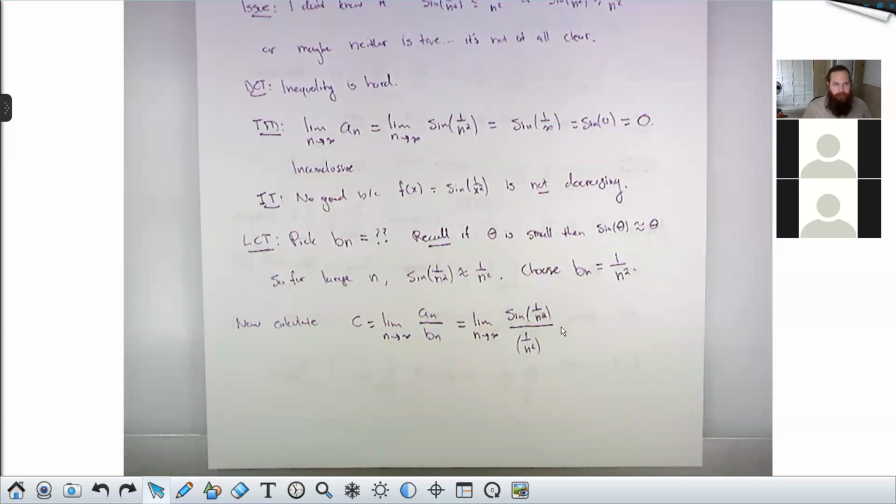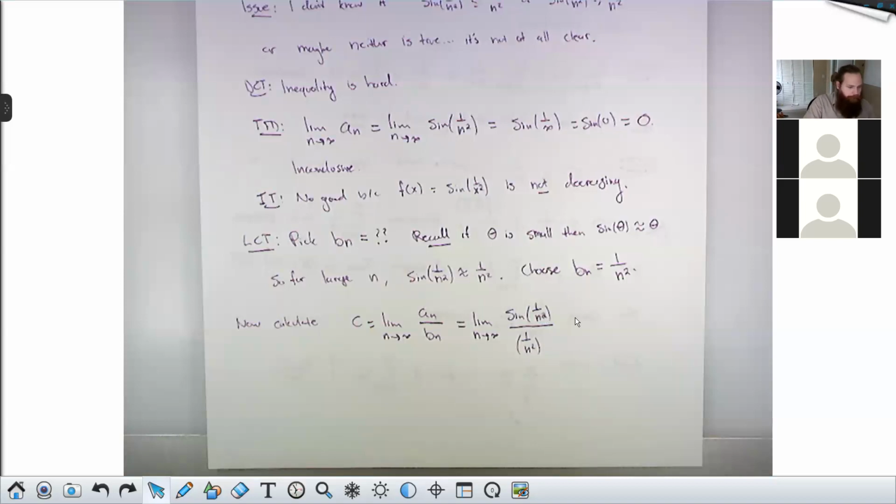Yeah, definitely not. Right, up here, the 1 over n squared is inside the sine function. Yeah, no, it just doesn't work. Like sine of pi over pi is not equal to sine. That wouldn't make sense. In the numerator there, that's not multiplication, that's function notation. So definitely not.